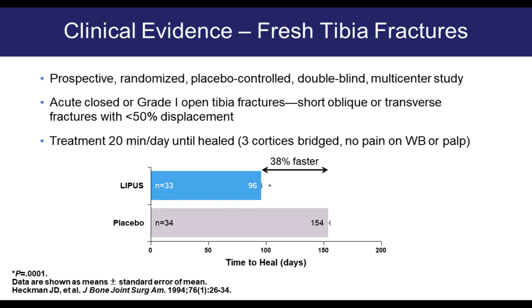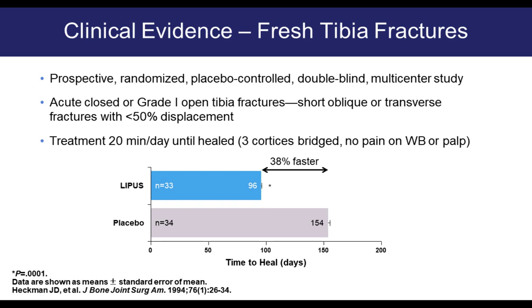But this is a prospective, randomized, placebo-controlled, double-blinded, multi-center study. The fractures that were included were acute or grade 1 open tibia fractures. And I'll remind you, that was really Gustilo's definition, that they were treating their grade 1s in the cast this way. So I think a very reasonable choice of fractures.